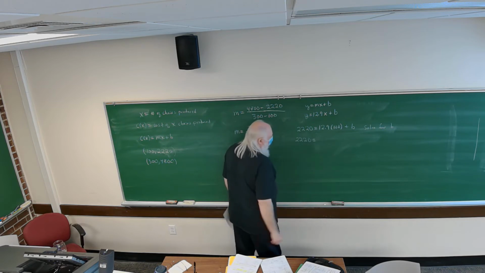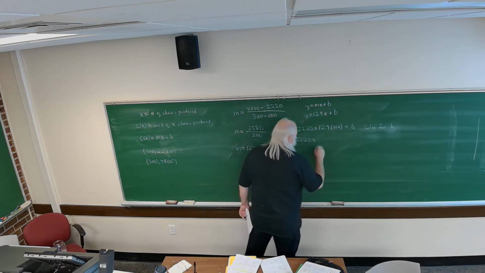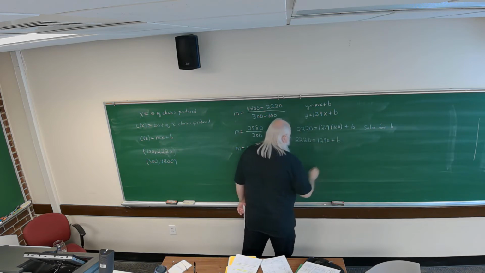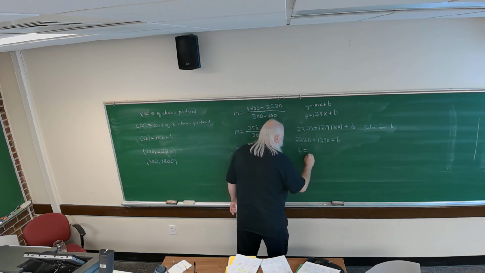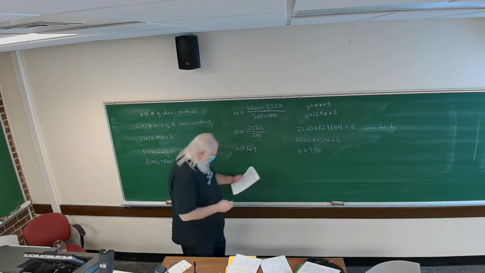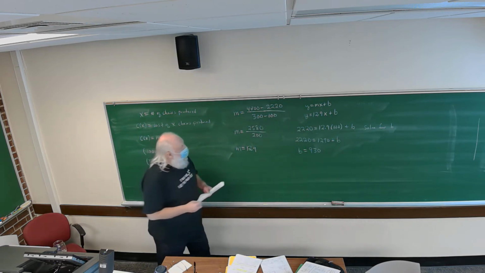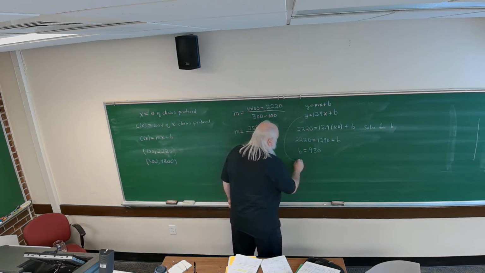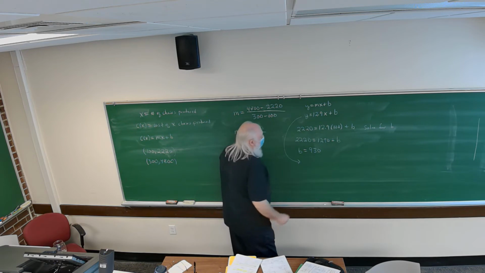So 100 times 12.9 is 1,290. And we get b is equal to 930. So we replace b up here with 930.